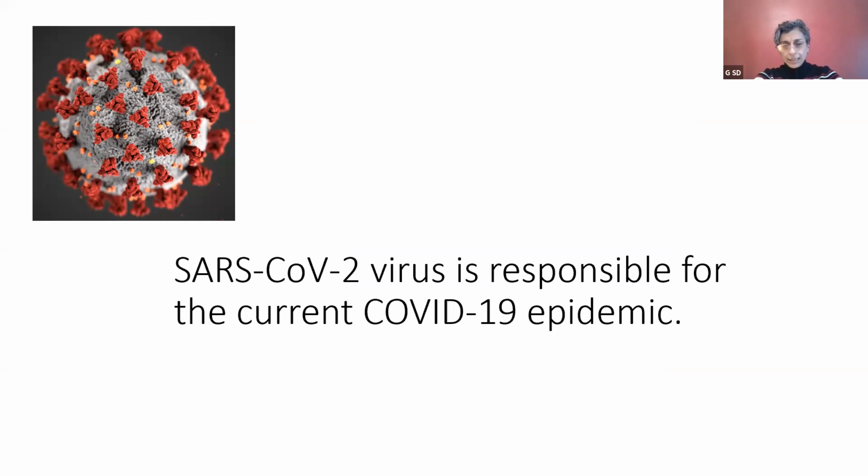So the COVID-19 pandemic stands for coronavirus infectious disease 19 because in 2019 in Wuhan, China, that is when this virus crossed into the human species and started to cause disease. This virus is called the SARS-CoV-2 virus because SARS stands for Severe Acute Respiratory Syndrome Coronavirus 2, and it is responsible for causing the COVID-19.